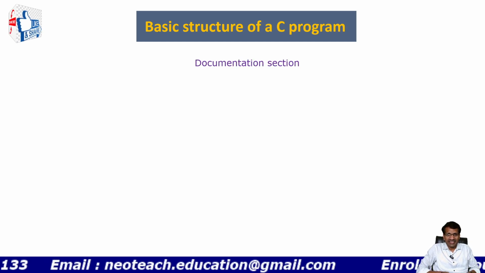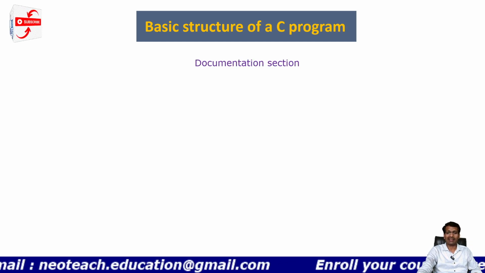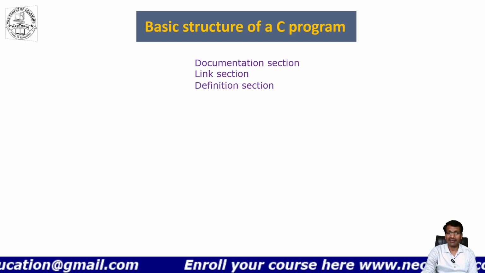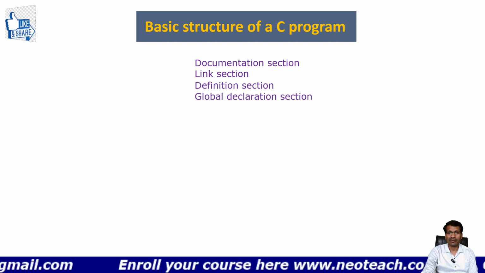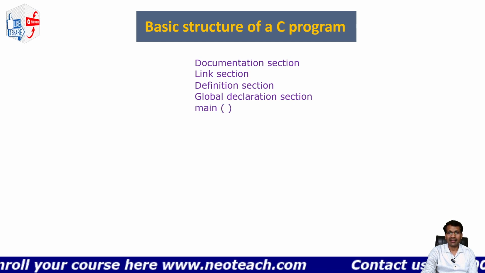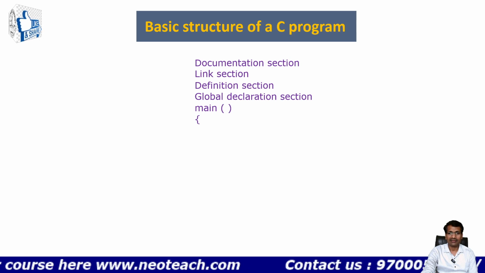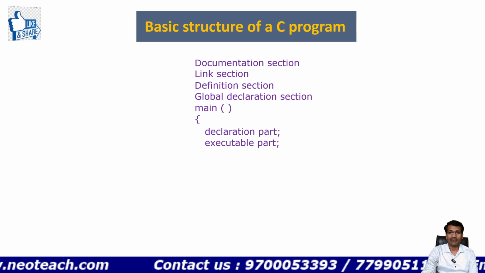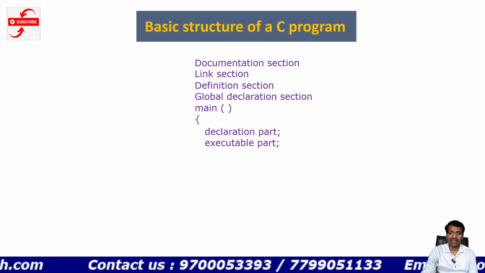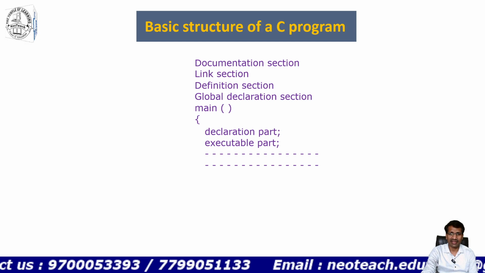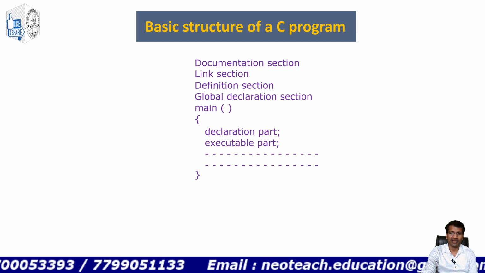The first one is the documentation section, the next is the link section, and the next is the definition section. Then the global declaration section, and then the main function. At the beginning of the main function, the local declaration part is there, then the executable part depending on the requirement, and some more instructions to develop that functionality, and the closing of the main function.